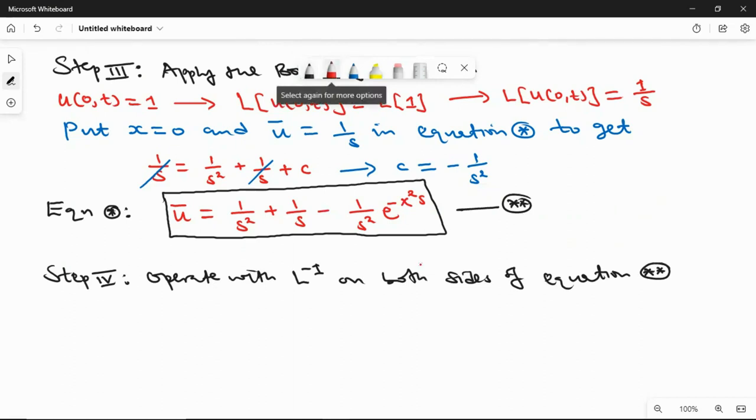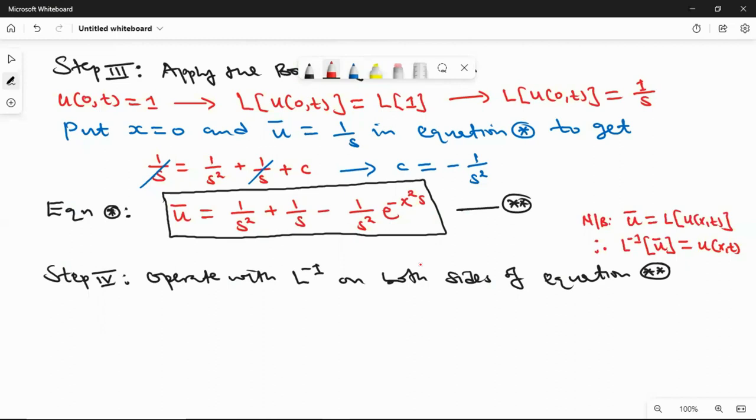So take note here that we said u bar is the Laplace transform of u of x, t. That's what we said. So therefore, if you operate with the inverse on both sides, L inverse of u bar will give us u of x, t.